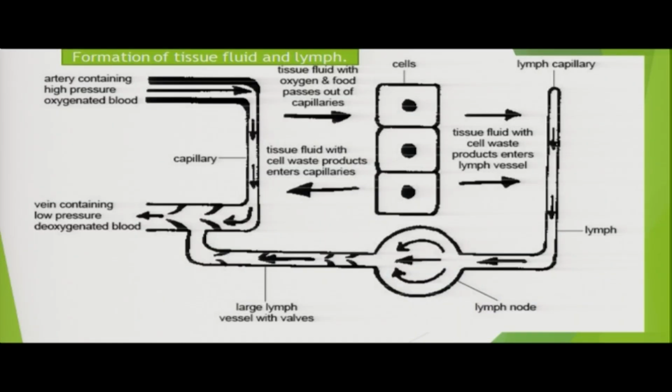You see on the screen what's going on. It shows how the tissue fluid and the lymph are formed. Let me use a diagram here on the chalkboard so that you can understand this well. Now, tissue fluid formation.